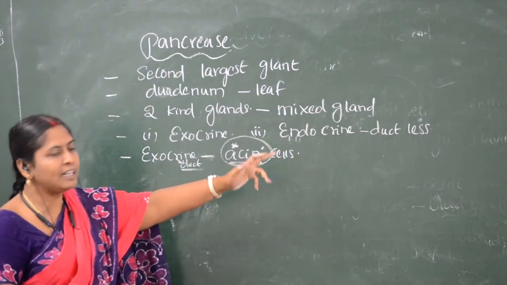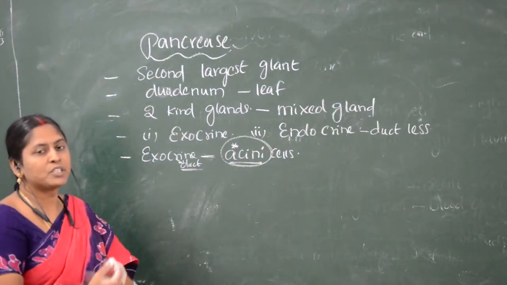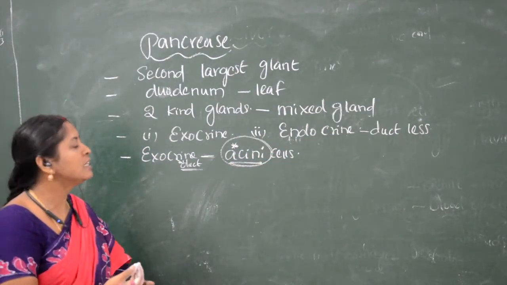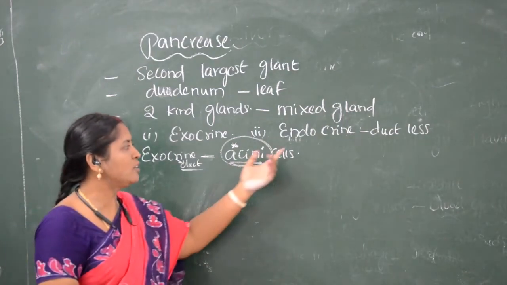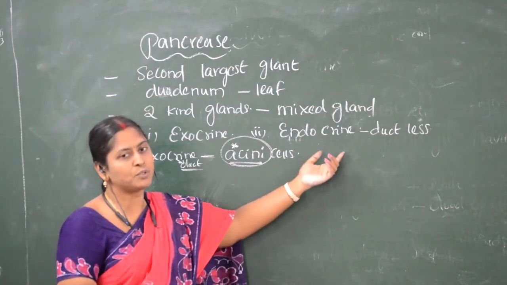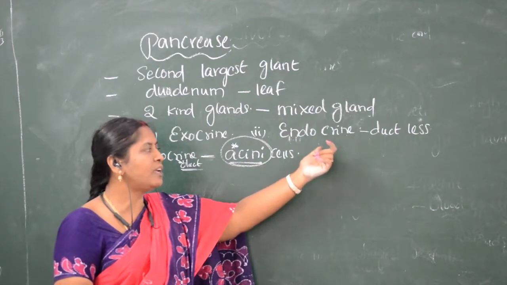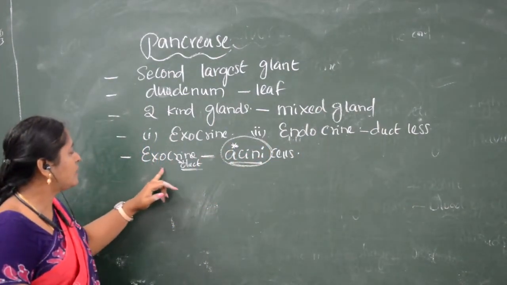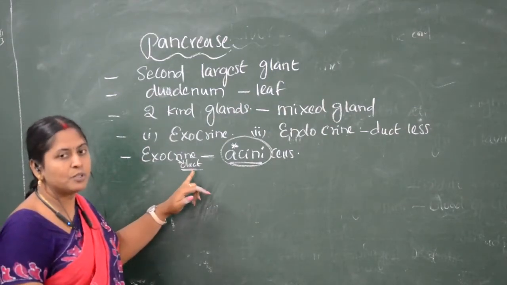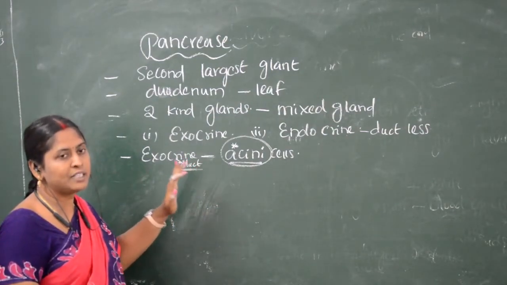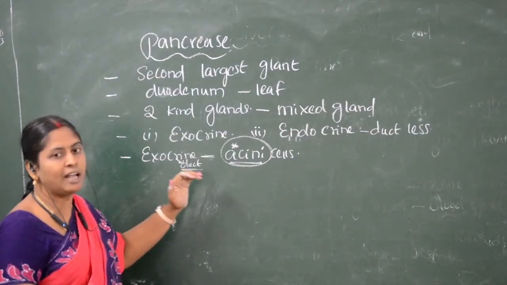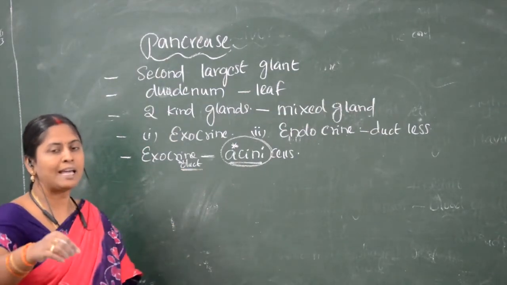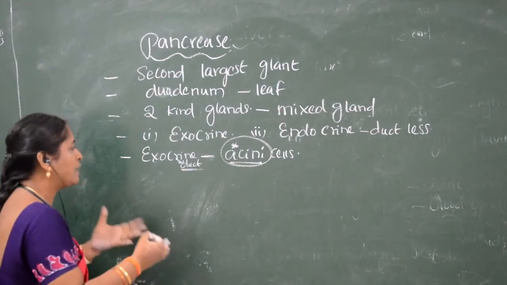The production of endocrine glands enters the blood directly because ducts are absent. Exocrine glands have ducts, so through the ducts the secretions enter the target cells or a particular part of the body.